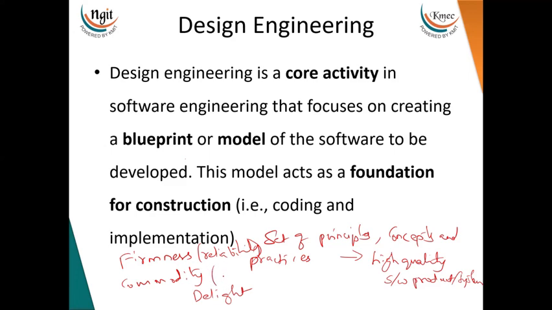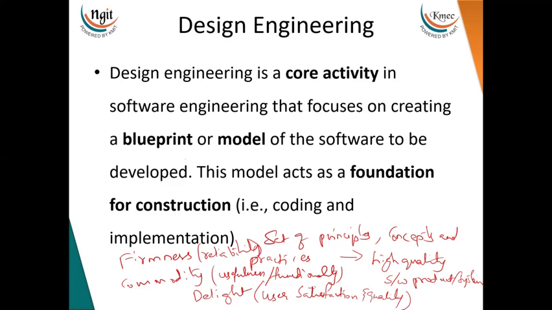Commodity is the next goal, how useful it is. Usefulness and functionality fall under commodity. Delight is user satisfaction and quality. These are all the goals of design engineering.